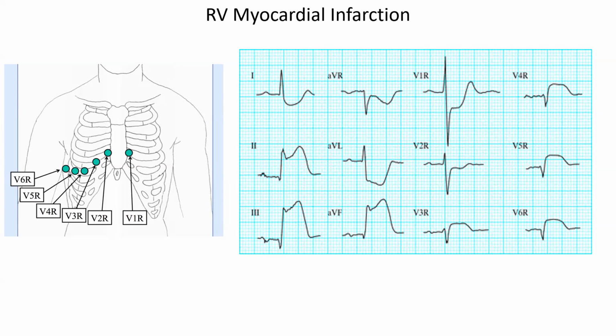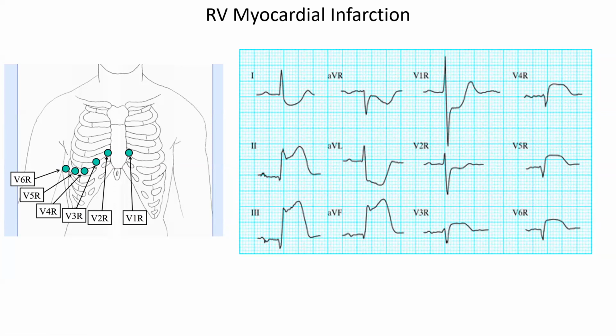So when do we think about it? Well, they have ST elevations in the inferior leads. Then you might want to do a right-sided EKG. And remember, for the right-sided EKG, just move the precordial leads from the left side to the right side, or you can just move V4 to the opposite side. And what you'll see is V4R elevation, and that'll be a clue that this patient's having a right-sided infarct.